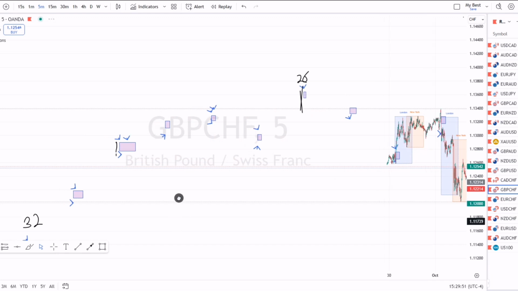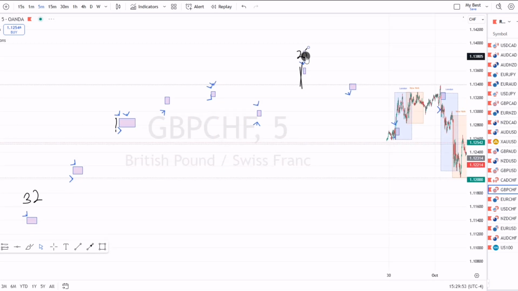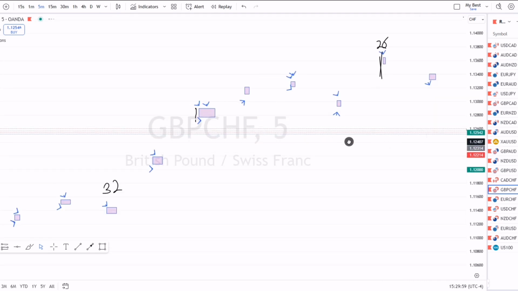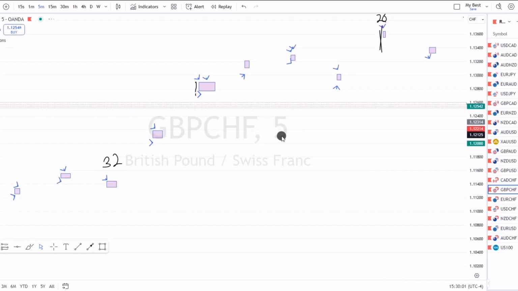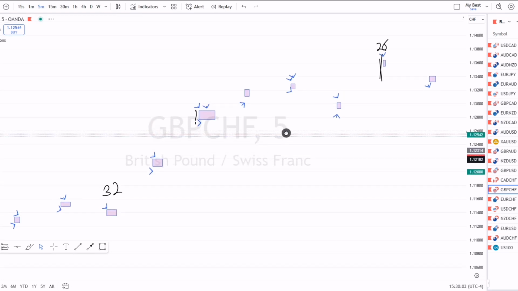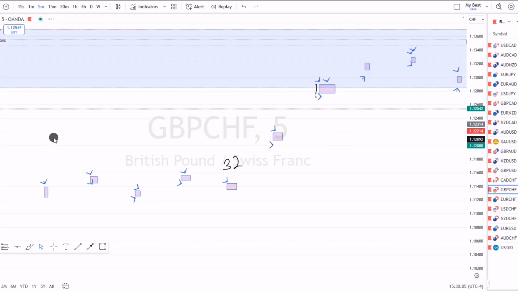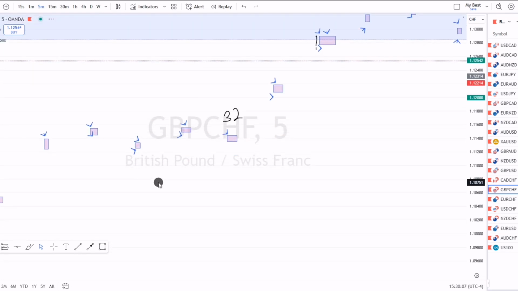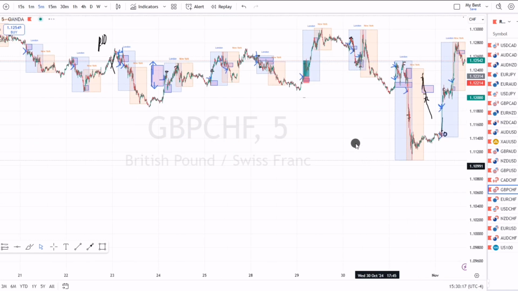You can see I was writing, this was the 26th analysis, and so on, up to 32. You scroll back, you can see that I really tried, and I found that it does work. So that was GBPCHF on the 5 minutes time frame, the strategy I have shown you.